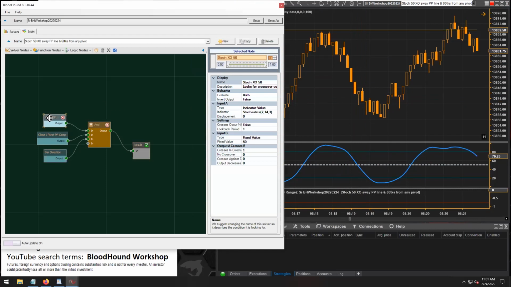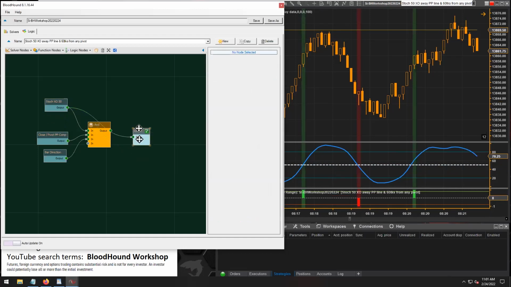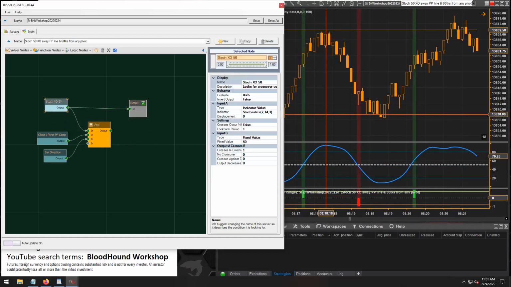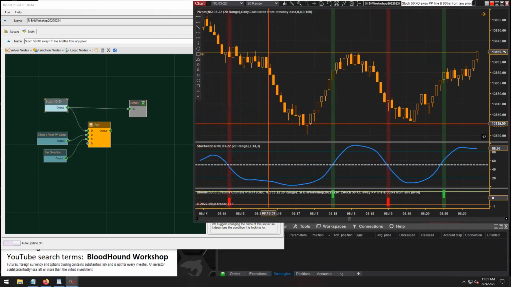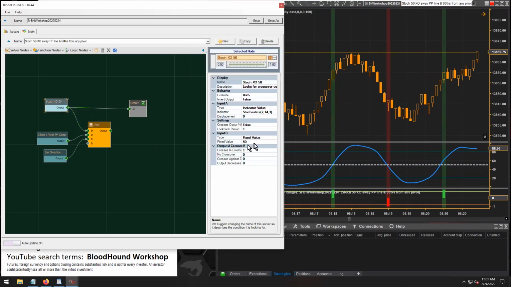So if you want to create an allowance there, in case the crossover bar is in the wrong direction, and maybe the next bar will reverse into the correct direction of the crossover, then what we can do is take our crossover solver, right? So here's our crossover solver signals, and we can increase the look back period to 2, right?